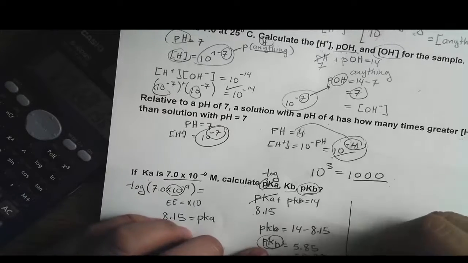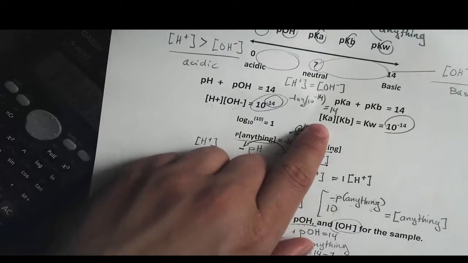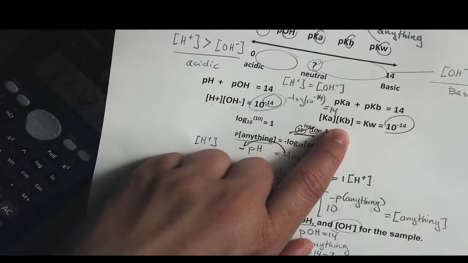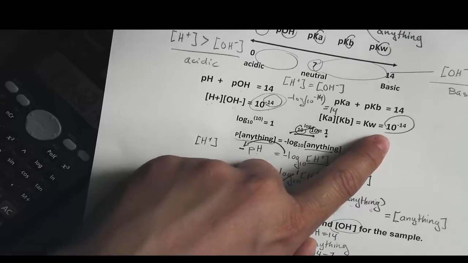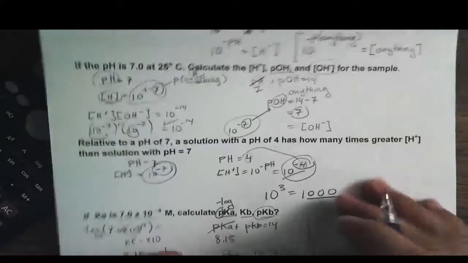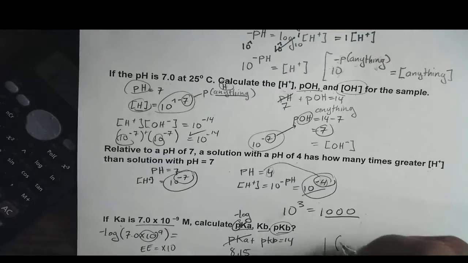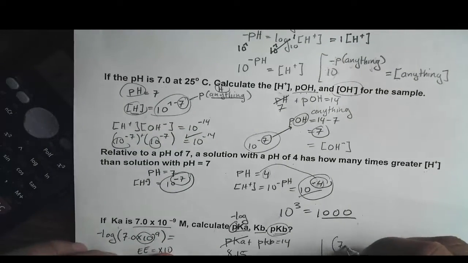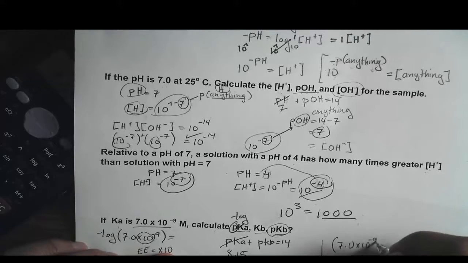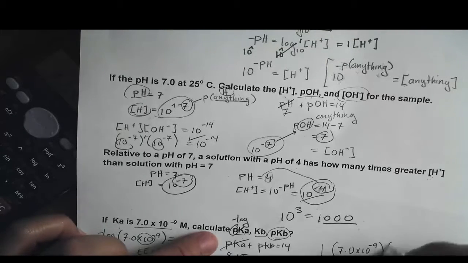Now let's prove that it really works. We know that Ka times Kb is equal to Kw, and that's equal to 10 to the negative 14. So let's prove that. We have Ka, which is 7.0 times 10 to the negative 9, times your Kb, which is 10 to the negative 5.85.